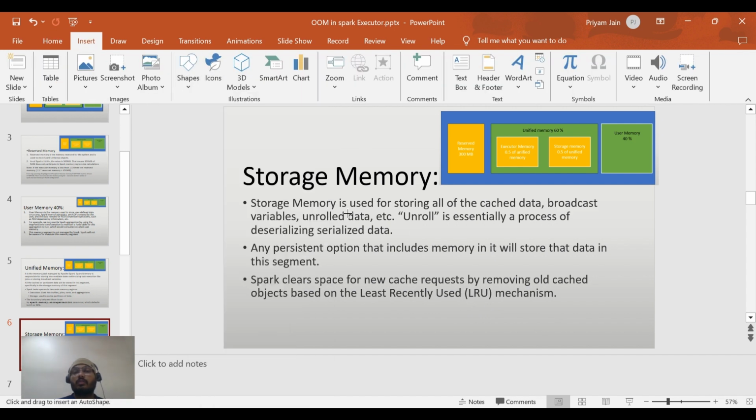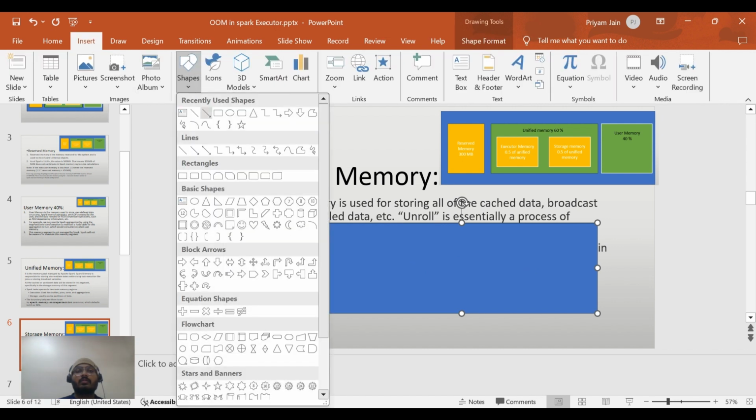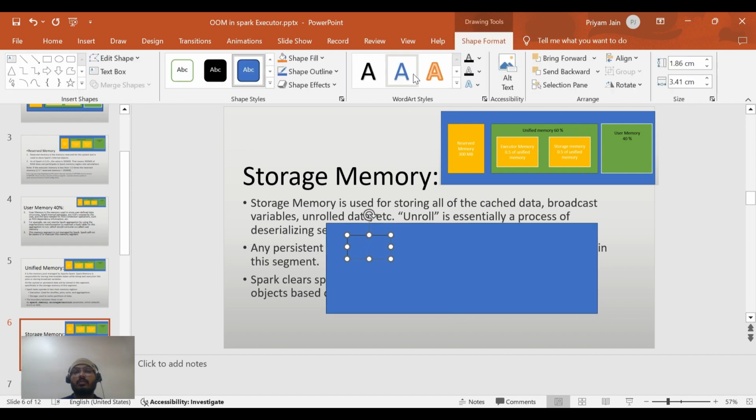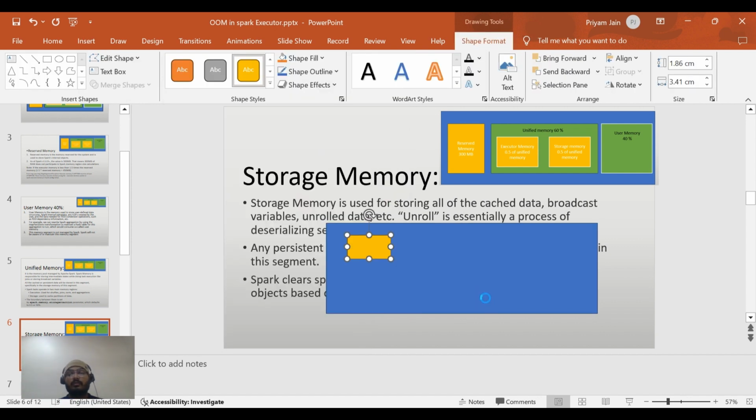Let me give you an example of what the LRU mechanism is. Let me create one diagram here. Suppose this is our storage memory, and let me create multiple boxes here, in some different color. Suppose some blocks of storage memory are filled.